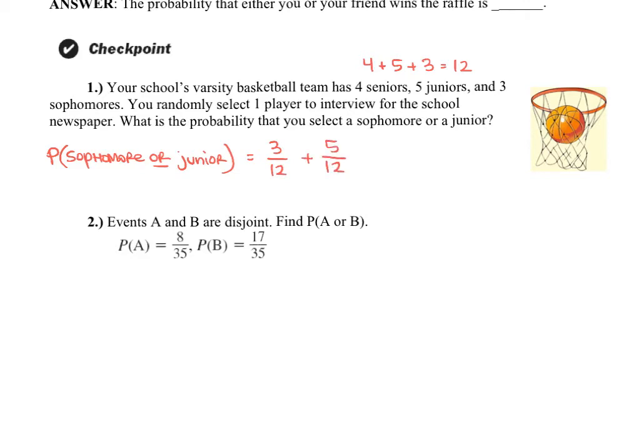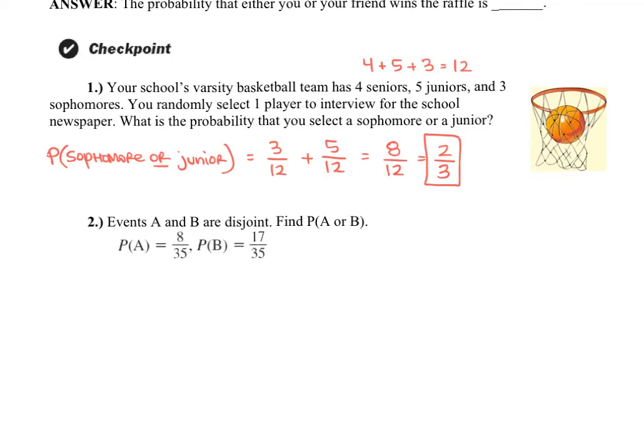So the probability of getting a sophomore or a junior would be 8 over 12. Again, these already had a common denominator, so I didn't need to change those. But then I do need to simplify this. So I know that 4 goes into both of these. And so my simplified fraction would be 2 out of 3. So the probability that you get a sophomore or a junior is 2/3.